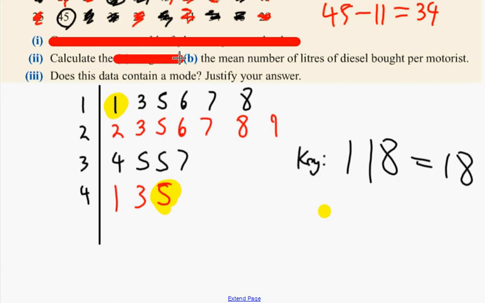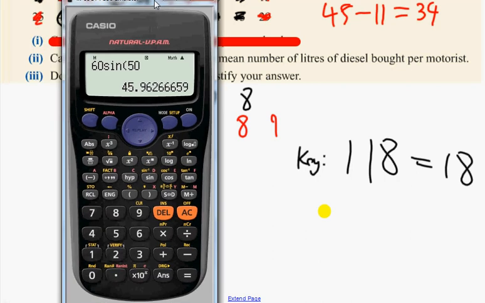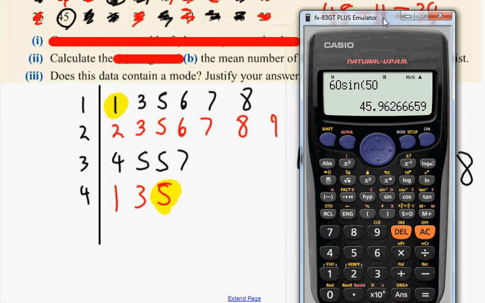What do we have to find next? The mean, don't we? How do you calculate the mean? You add them all up together and you divide by how many of them there was.